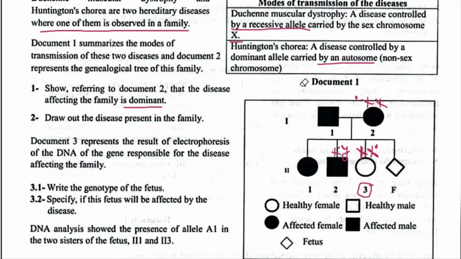For Huntington chorea, a disease controlled by a dominant allele carried by an autosome, the father of this family will be capital A, which is dominant, and short a.